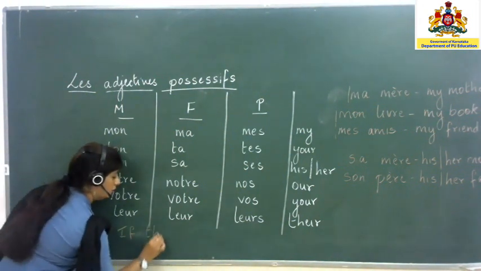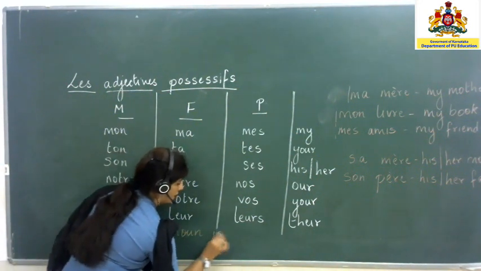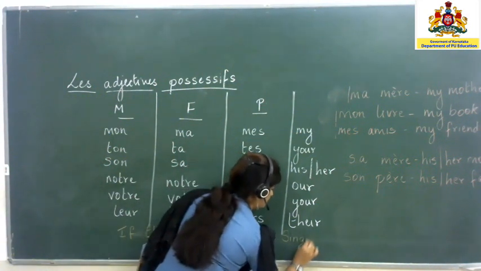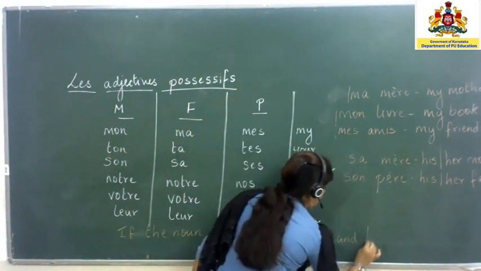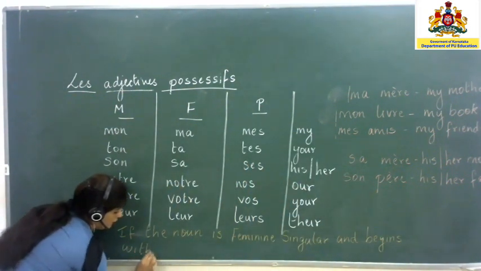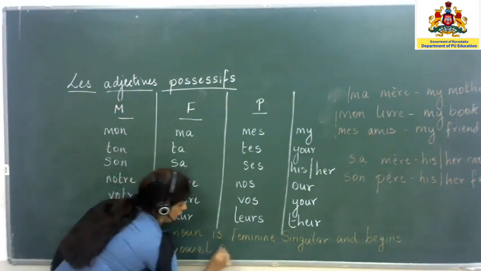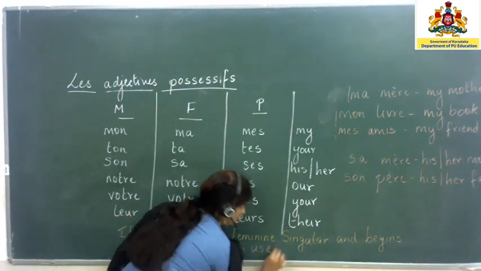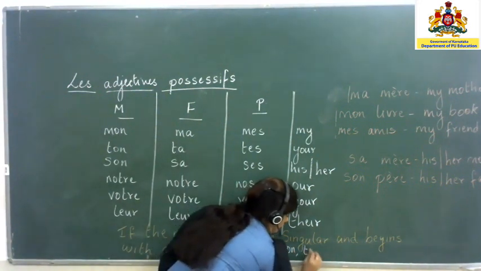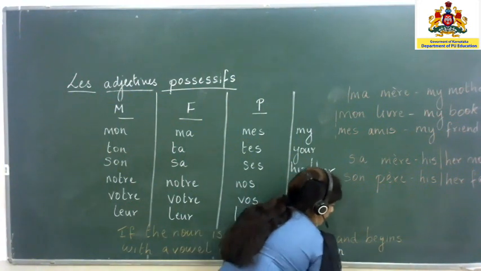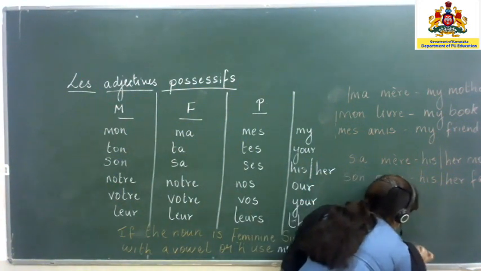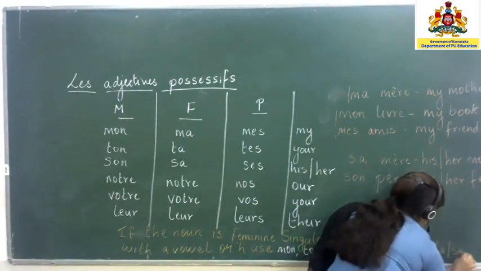If the noun is feminine, singular, and begins with a vowel or H, use mon, ton, son instead of ma, ta, or sa.